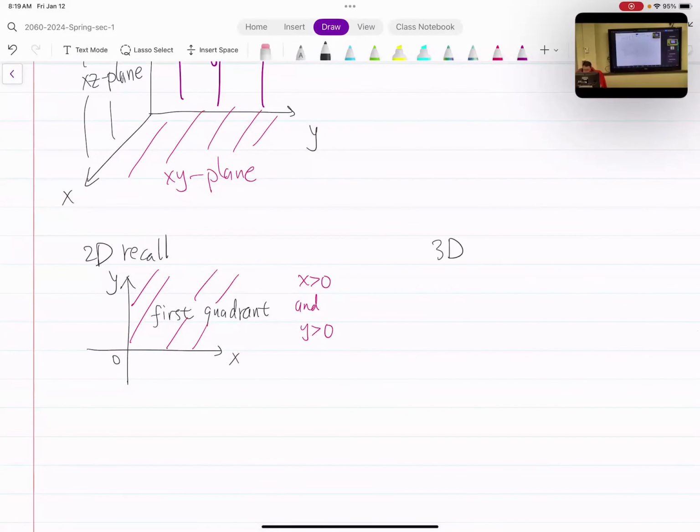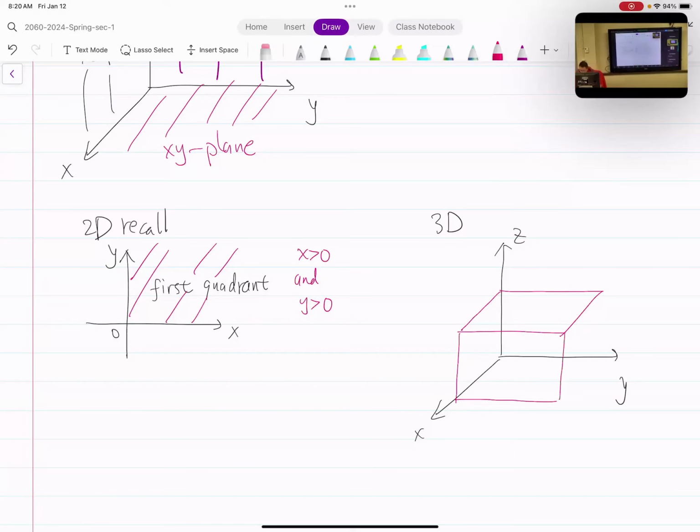I'm just going to draw a hyperrectangle indicating that for whatever point within this region, we are looking at a point which has x, y, and z coordinates always positive. And this region is called the first octant.